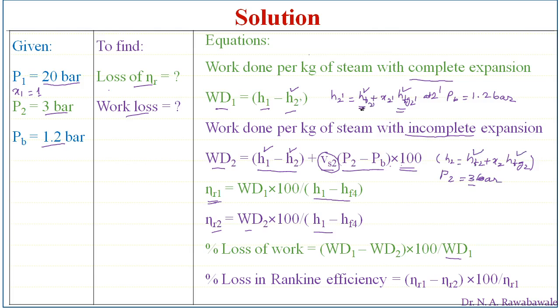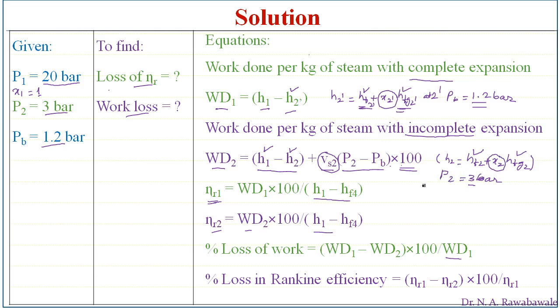And here HF2 dash and HFG2 dash are taken at a pressure of 1.2 bar from the steam table that we have written already. So to find out this H2 dash, we must know the value of X2 dash. And to find out H2, we must know the value of X2. So for analytical methods, we must know X2 dash and X2.